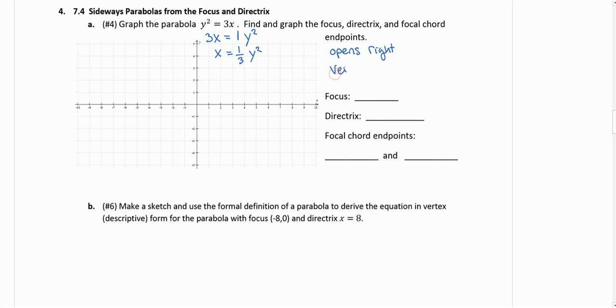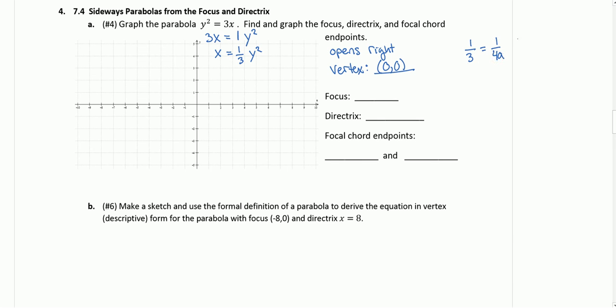Also, we can get the vertex pretty easily here. The y is not in parentheses with a number. Also, there's no number added or subtracted after the y squared, so this has a vertex at 0, 0. And then the number in front of y squared, the 1/3, is equal to 1 over 4a.